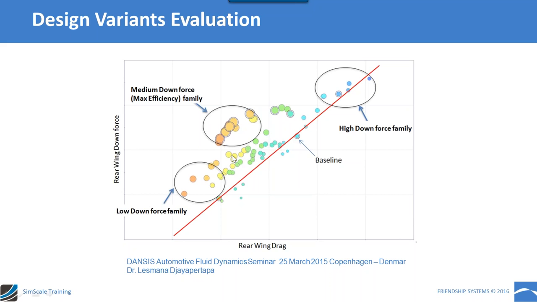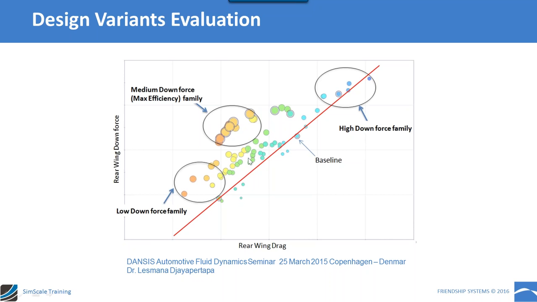So we'll have different designs, and these designs will be tested in CFD, and we will get this result. So we have here the drag force, and we have the downforce. And of course, if you do the ratio between downforce and drag, you will have efficiency.